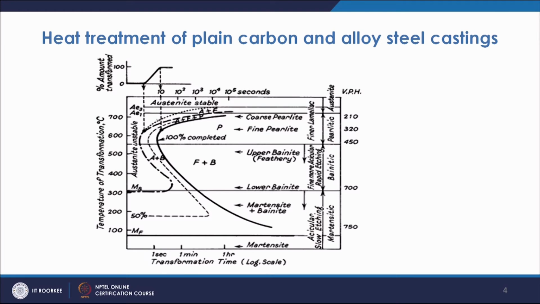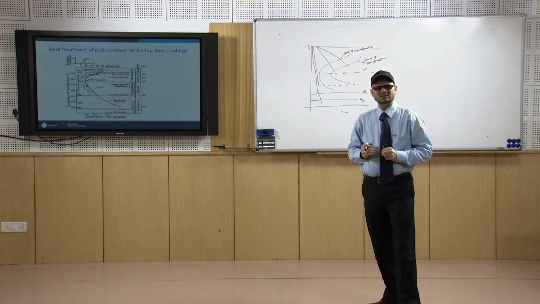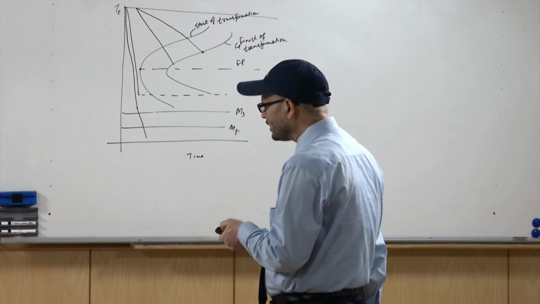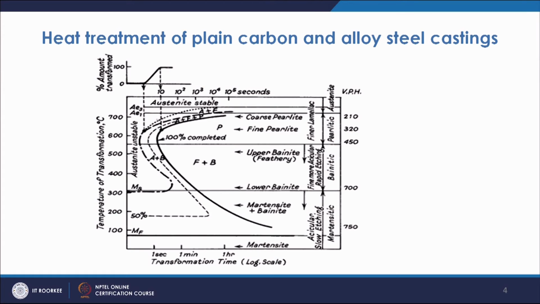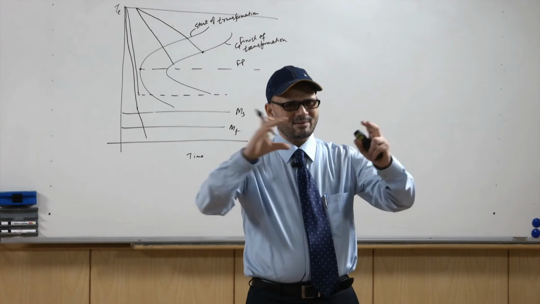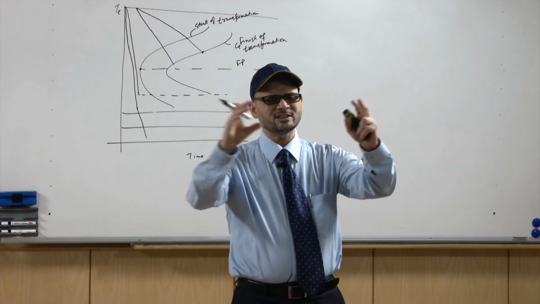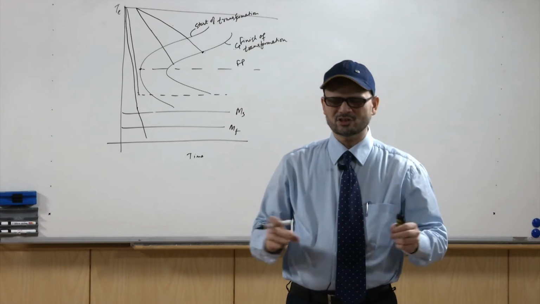In that case you get a completely martensitic structure, but by holding at this point for a certain time, you are allowing the diffusion to take place and having proper homogenization or proper temperature distribution.